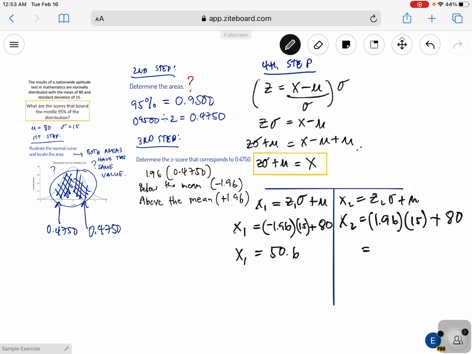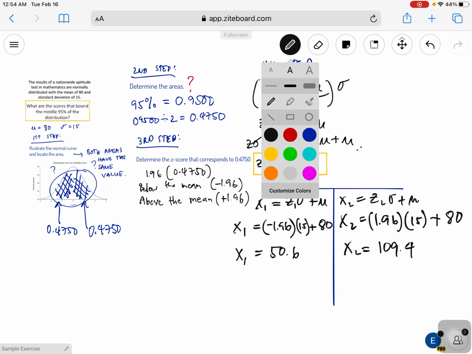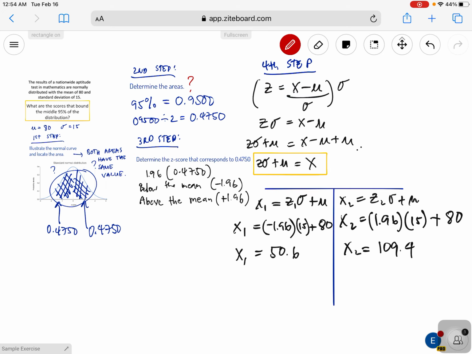So using our calculator, x sub 2 here is equal to 109.4. Now these are our final answers already. So we have the raw score below the mean, 50.6, and the raw score above the mean is equal to 109.4. So these are the scores.